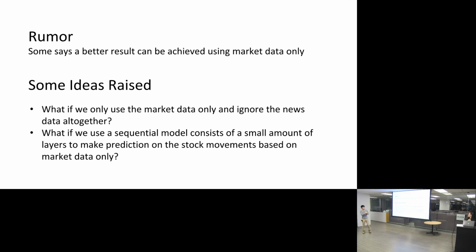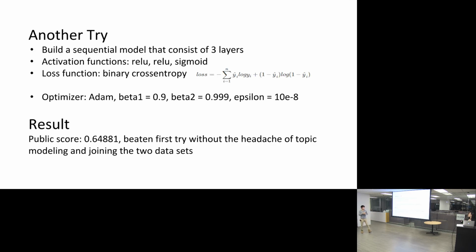Kishi, can you move to the next slide? Okay. So in this other try, we built a very simple sequential model that consists of three layers, and we use two ReLU activation functions, and also use the sigmoid function as the output for the output layer.